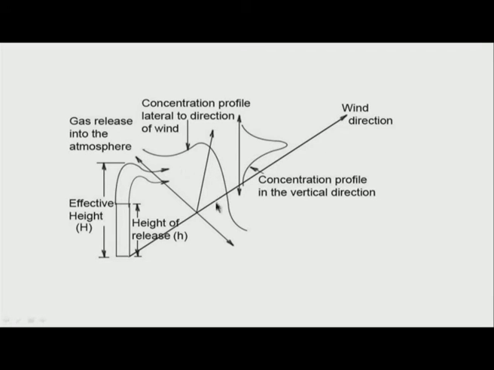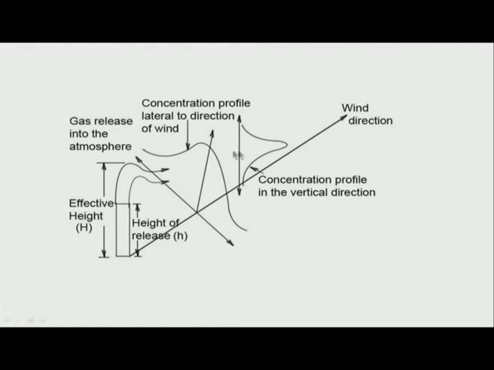If it goes still further, the concentration diffuses further like this; the center line concentration diffuses, and the concentration along the lateral direction diffuses. Similarly, when the mass is released over here and the wind is taking it forward, in the vertical direction also the mass is released over here, and in the downward direction the concentration is lower.